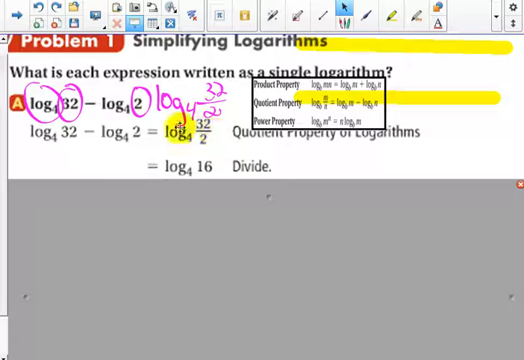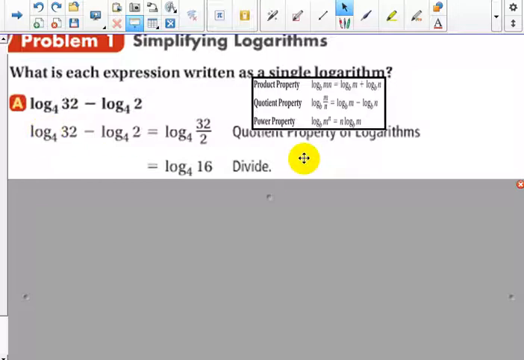Okay, and there it is right here in that first one. Okay, and now we can rewrite 32 divided by 2 as 16. So log 4 of 16, we're still simplifying.